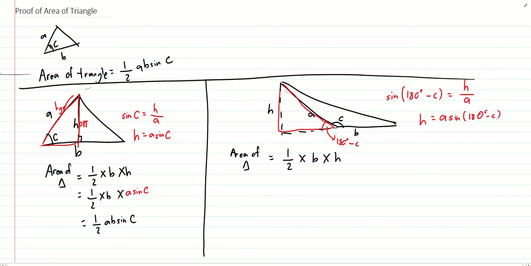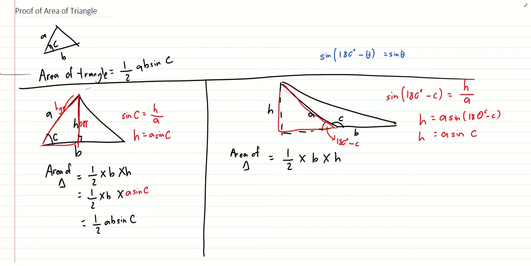And you realize that this is an obtuse and acute angle relation. And you know for a fact in 7.2, we have learned that sine of 180 degrees minus theta is exactly the same as sine theta. So we will have an additional step over here. We have h is also equals A sine C. Okay, and then we can substitute h equals A sine C inside.